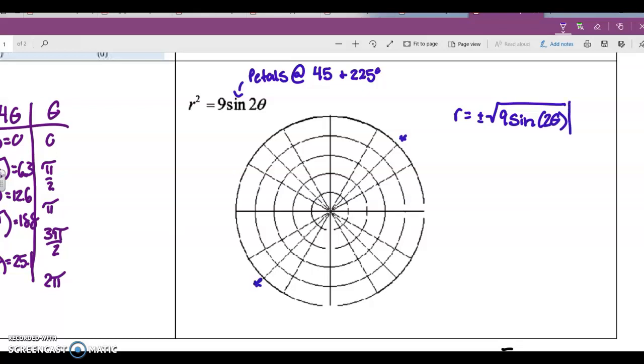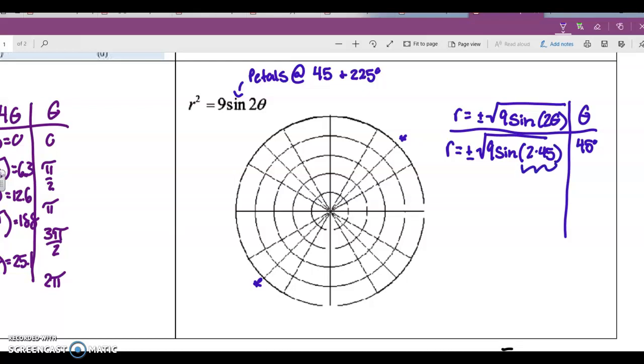All right. So what we want to do now is take our theta value of 45 degrees. So plugging that in, we have r is equal to plus or minus the square root of 9 times sine of 2 times 45. 2 times 45 is 90. The sine of 90 is 1.